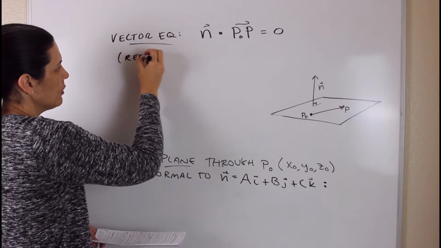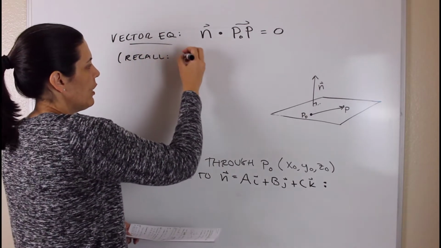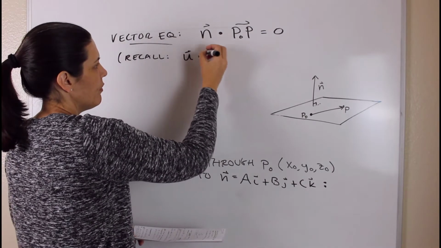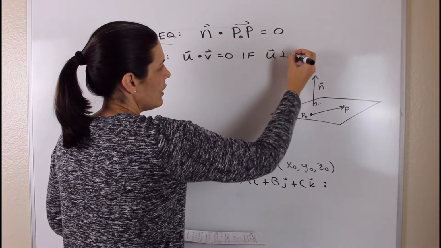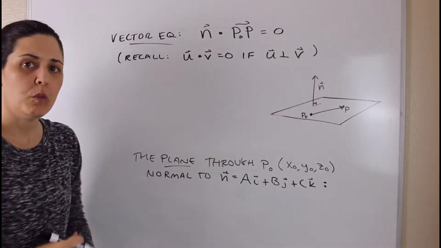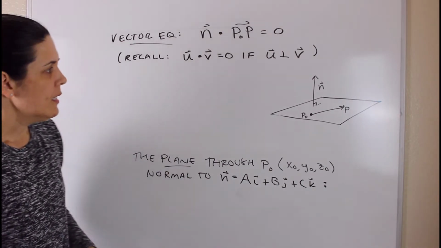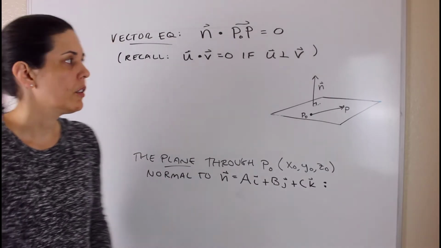Well, remember when we learned about dot product, we knew that u dot v was 0 anytime that u and v were perpendicular, when the angle between them was 90 degrees. So this will always happen anytime you're dotting two perpendicular vectors.